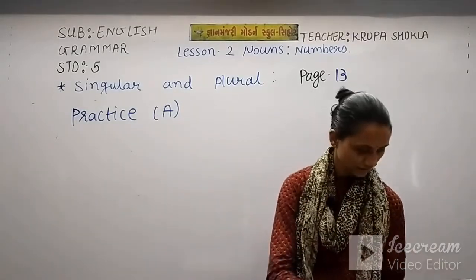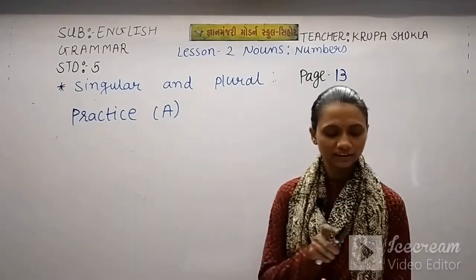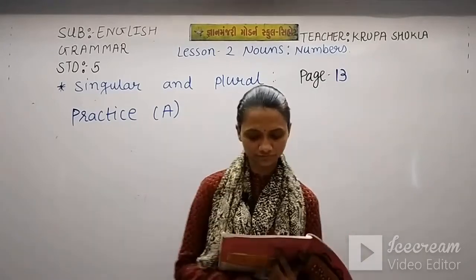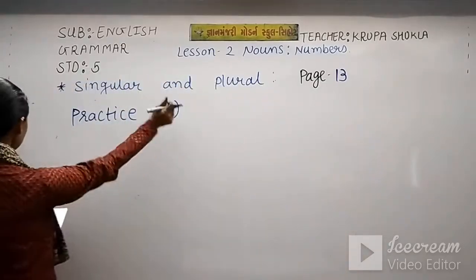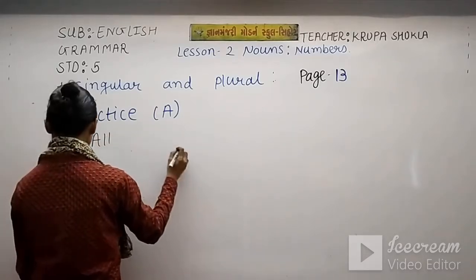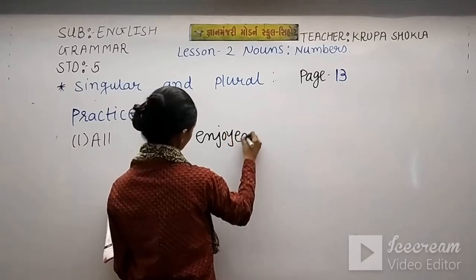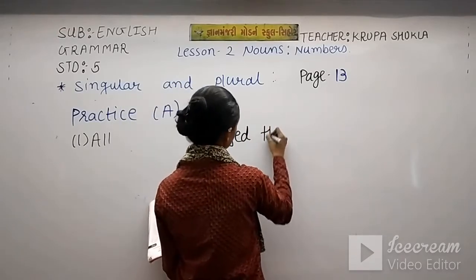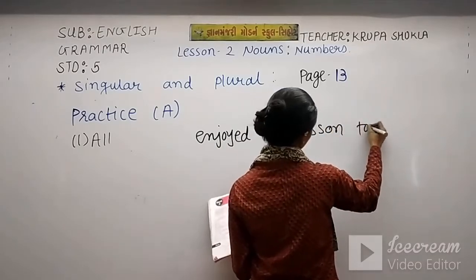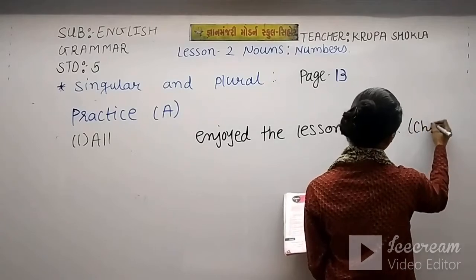Let me read it. Use the nouns given in brackets in their plural form. Here blanks are given and we have to use the plural form of nouns using those bracket words. So I am writing all the blanks. Blank enjoyed the lesson today, and in brackets child is given.